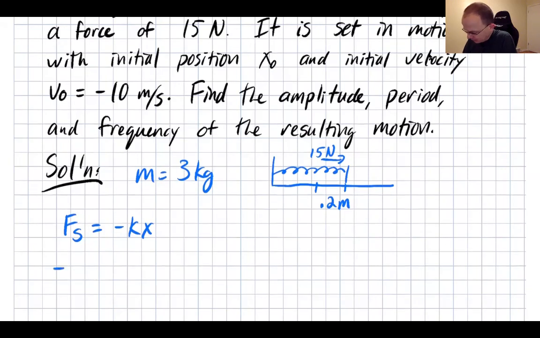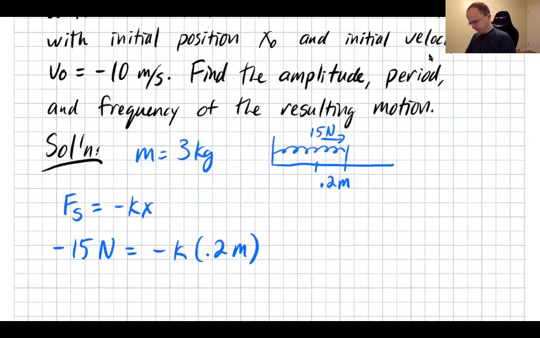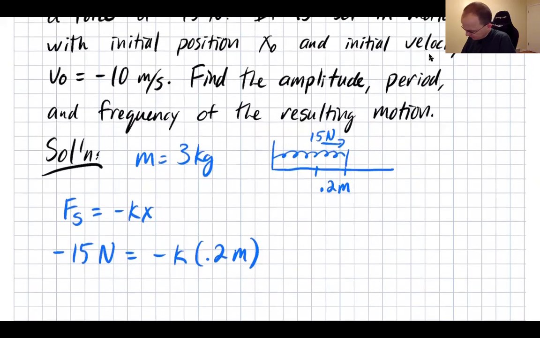So we'll end up getting negative 15 newtons over here, and that'll be equal to negative k, and then this displacement that we have is equal to 0.2 meters. Okay, and when we solve this for k, we end up getting 15 newtons per 0.2 meters.